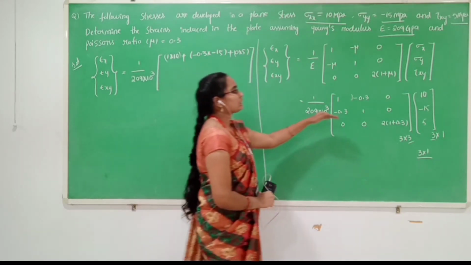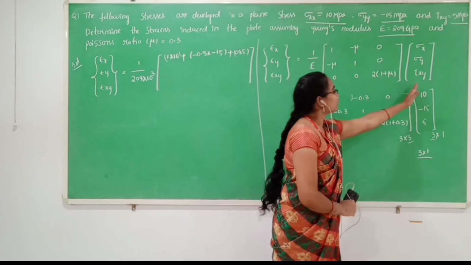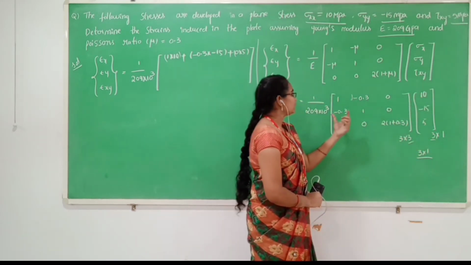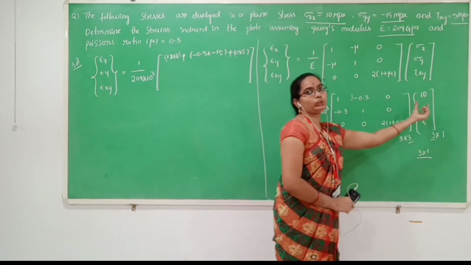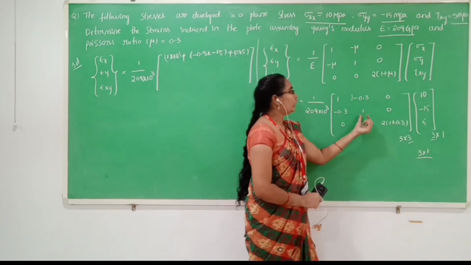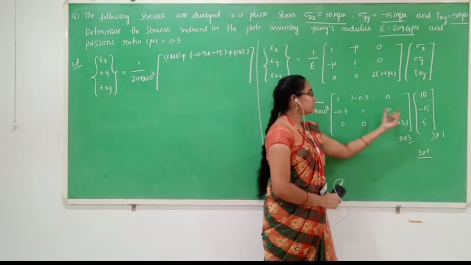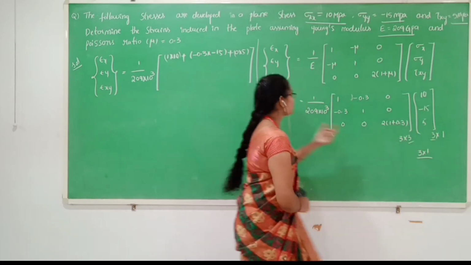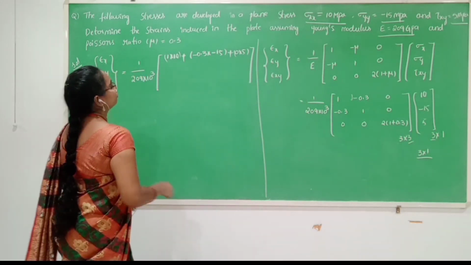Similarly, the second row is multiplied with the column: minus 0.3 into 10 plus 1 into minus 15 plus 0 into 5, giving the second value.